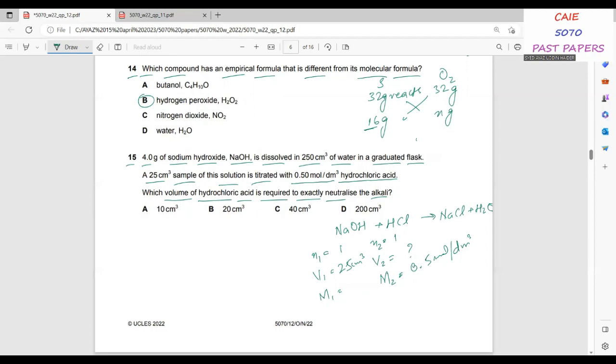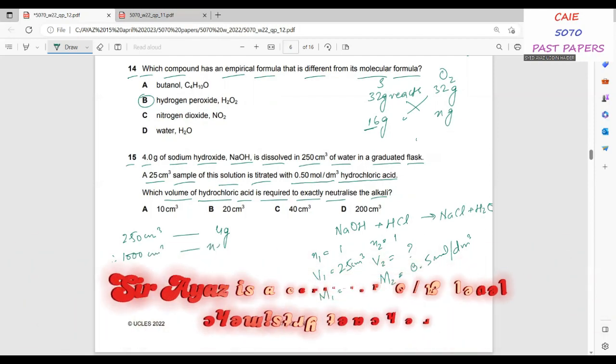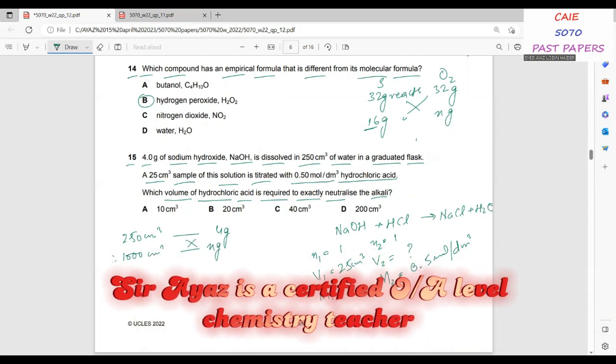So first of all, we need to calculate the mass of sodium hydroxide so that we can convert that mass into moles. 250 cm3 needs 4 grams. Therefore, 1000 cm3 requires X grams of NaOH. So X is equal to 4 multiplied by 1000 and divided by 250. 4 fours are 16, so 16 grams is required.